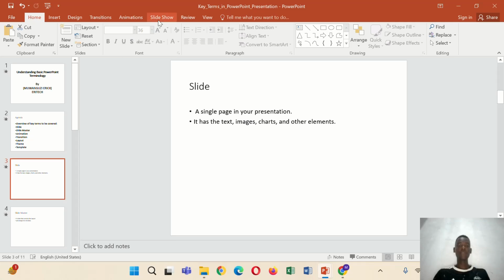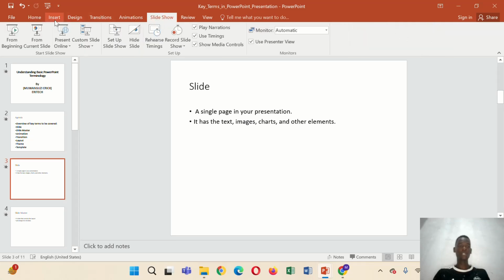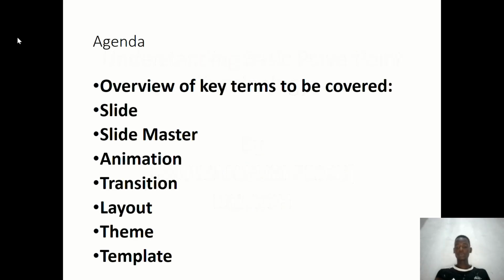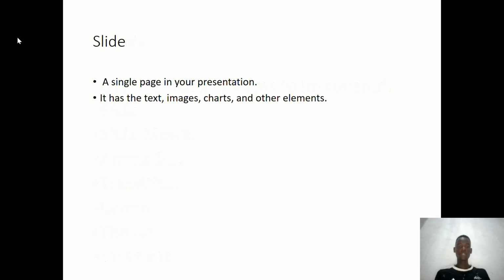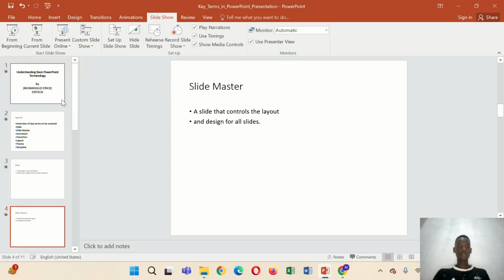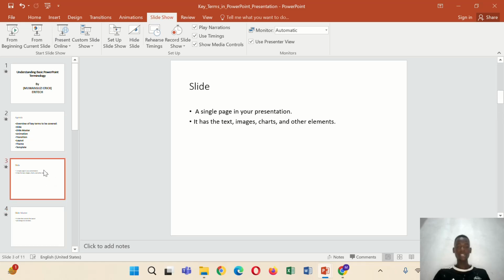For example, if I have my presentation, that will be one slide, that will be slide two, slide three, and go on and go forth as you may want. So a slide is one single page in my presentation.